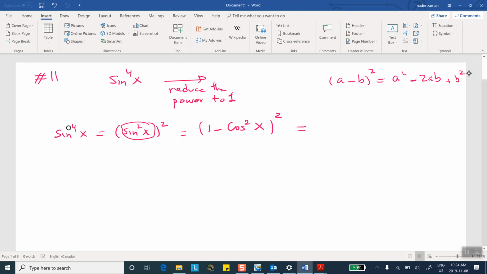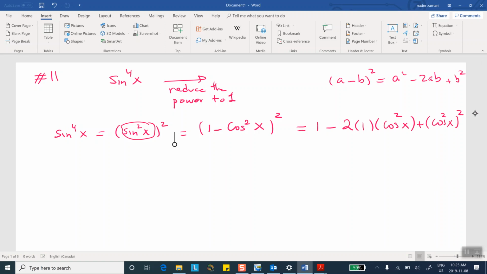I leave it to you whether to appeal to that or just go ahead and FOIL it. So it's going to be 1 minus 2 times 1 times cosine squared x, and then plus cosine squared x to the power 2.